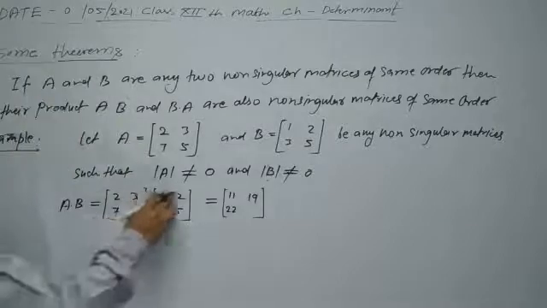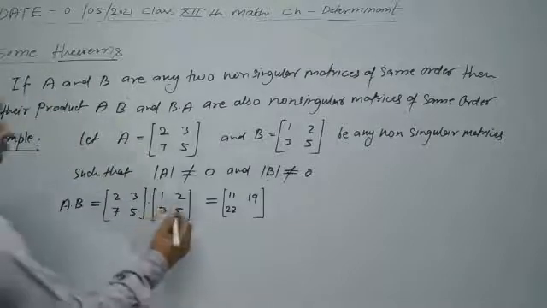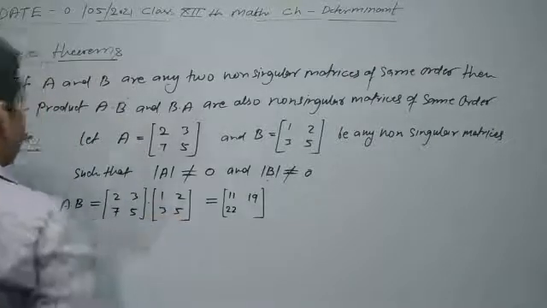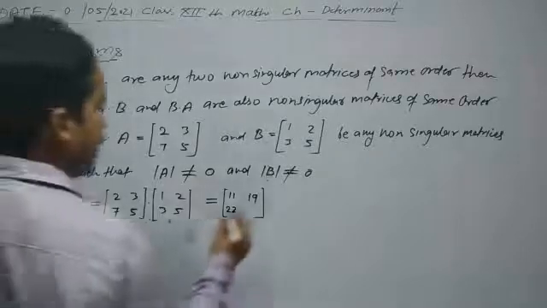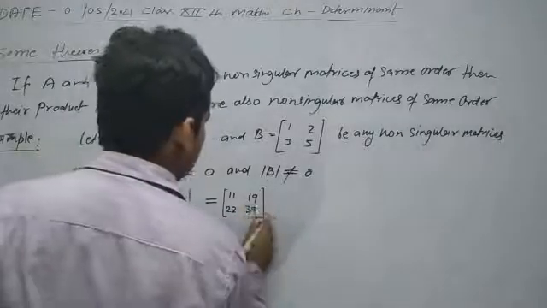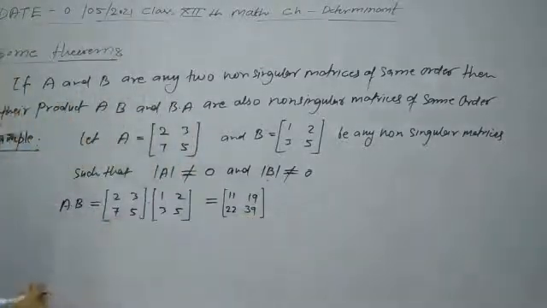Similarly, 7 2s are 14 plus 25, the result is 39. So this is its result.